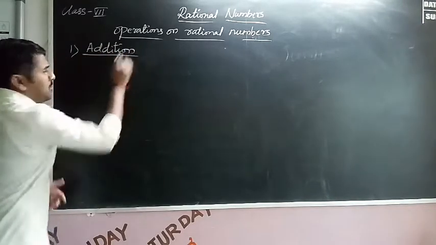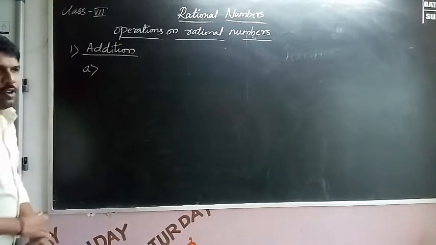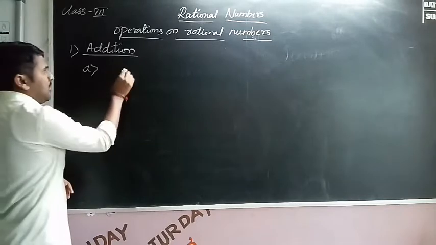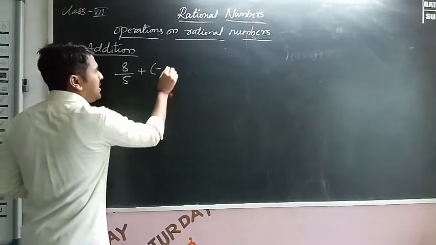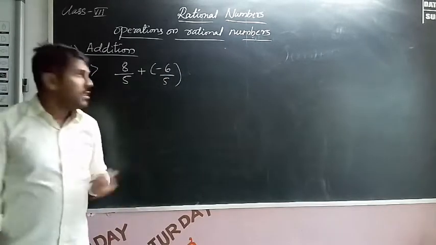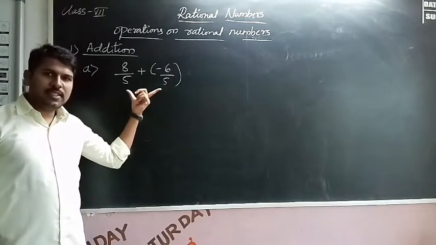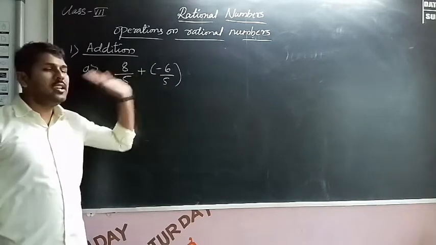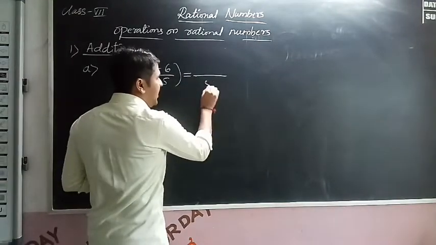So first one, addition. How to add the rational numbers, not fractions. So 8 by 5 plus minus 6 by 5. So how to add it? Here the denominators are same. That means just add the numerators.